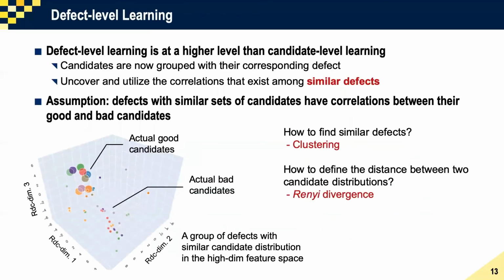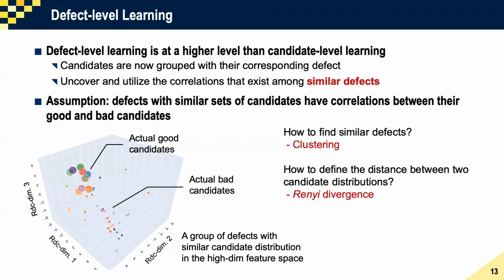So previously, all the candidates were put in the same pool and treated independently. Defect-level learning is at a higher level than candidate-level learning. That is, instead of treating all the candidates in the hyperspace independently, candidates are now grouped with their corresponding defects.